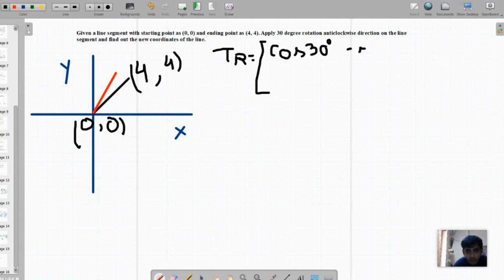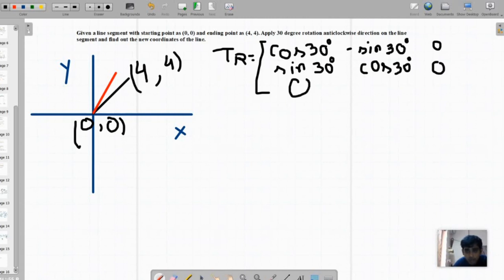Then you have minus sine theta, that means minus sine 30 degrees. Then 0. Then at the next row, sine theta, that means sine 30 degrees here. Then cos theta, cos 30 degrees, 0. And at the last row, we had 0, 0, and 1. So for this particular problem, this is going to be our rotation matrix.